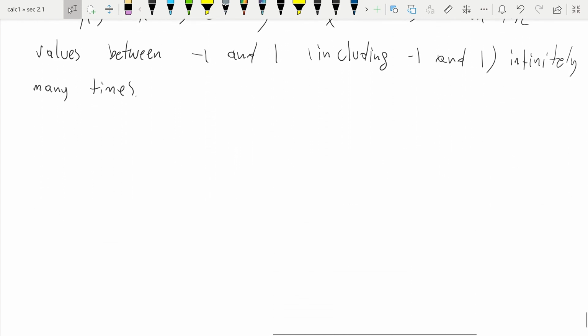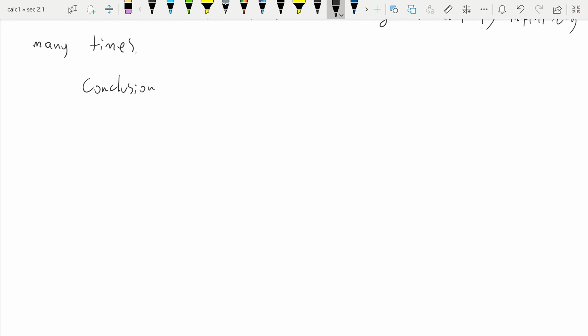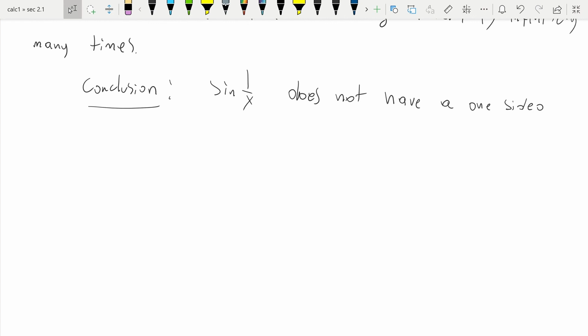So the conclusion, because of its oscillating behavior, is that this does not have a one-sided limit, here the right-hand limit, at x equals 0.